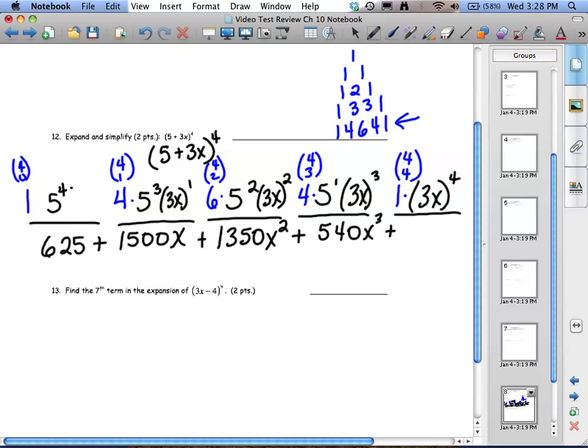And 3 to the 4th is 81x to the 4th. So that's what I would expect that you could do to expand and simplify.